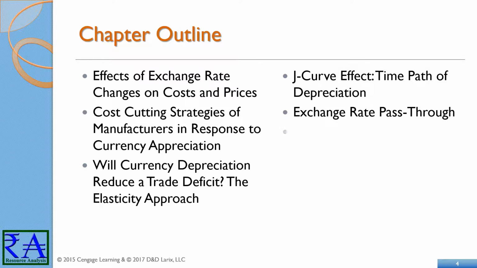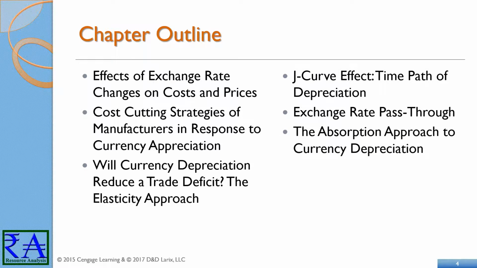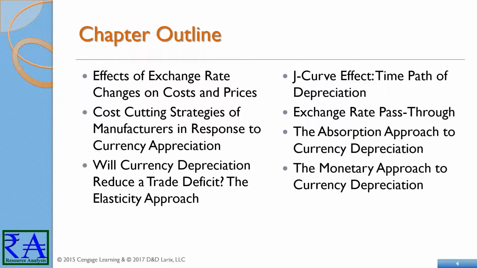Finally, we will explore the importance of both the absorption approach and the monetary approach to currency devaluation. According to these views, currency devaluations may initially stimulate a nation's exports and production of import-competing goods, but this will either promote excess domestic spending or expand real output if domestic absorption is reduced. These options result in a country's return to a payments deficit.